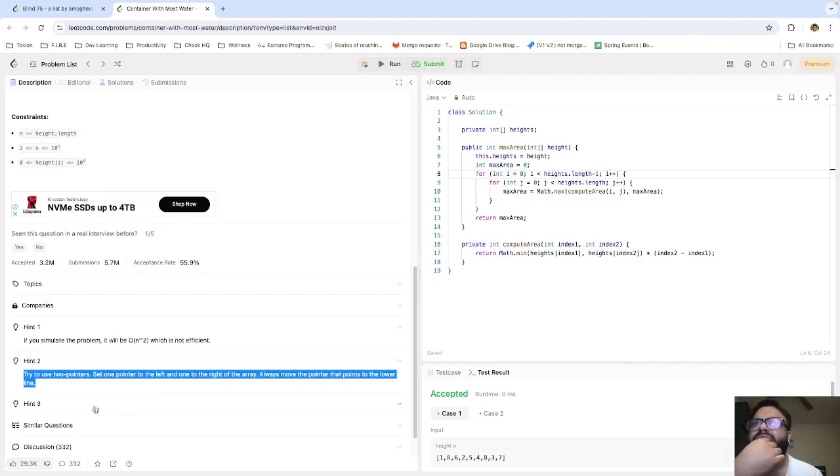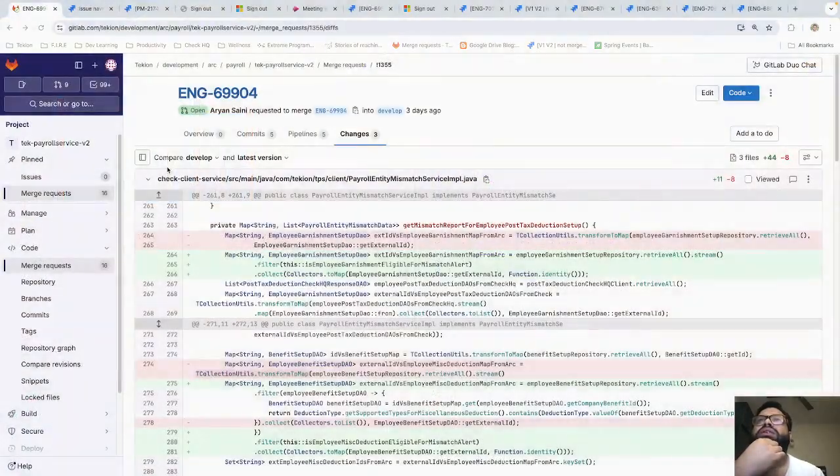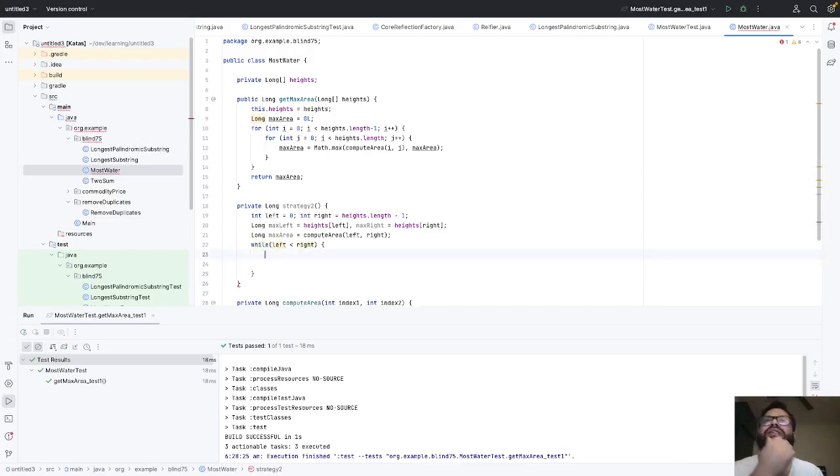What? Okay. Okay. Let's try this. Always move the pointer that points to the lower line.